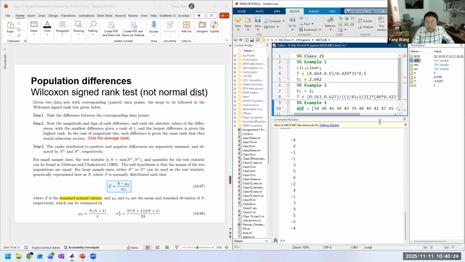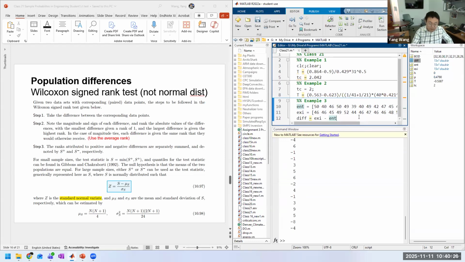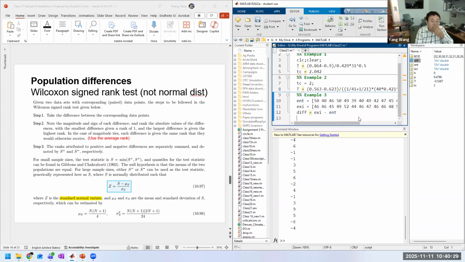And then, as the method says, we need to first note the magnitude and sign of each difference. And then we rank the absolute values of the differences.